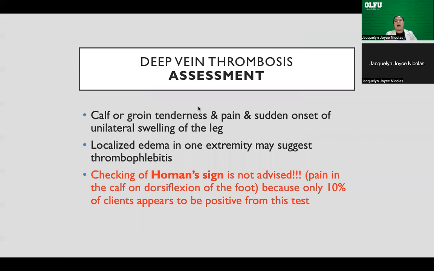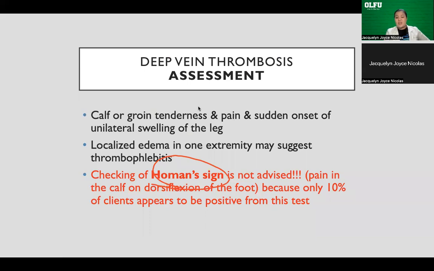Okay, yung iba, ito sabi nila, the hallmark sign of DVT is Homan sign. Totoo naman, no? Homan sign, kapag positive ang Homan sign, DVT yan. Chances ng DVT sobrang taas. Pero minsan kasi, it's quite misleading. Bakit ma'am not advised?